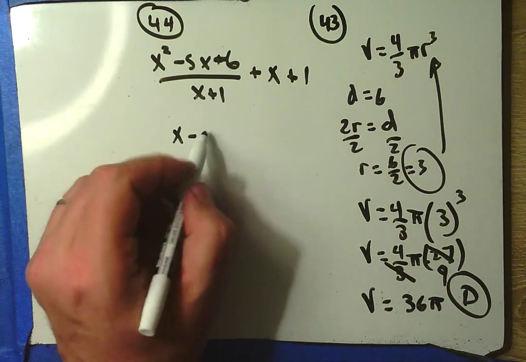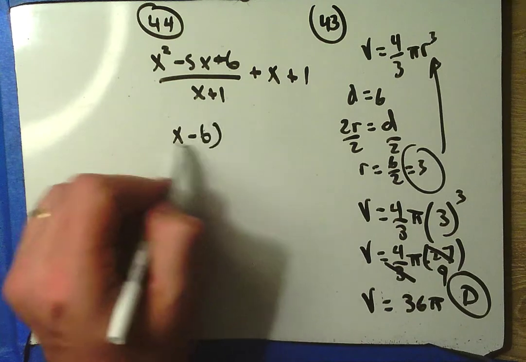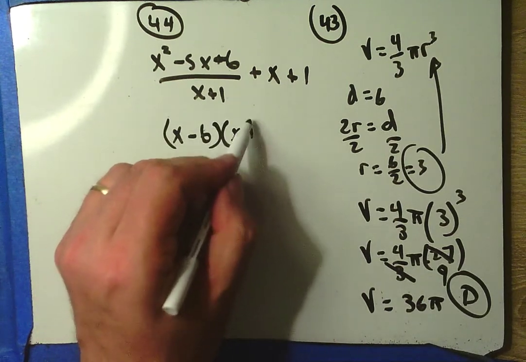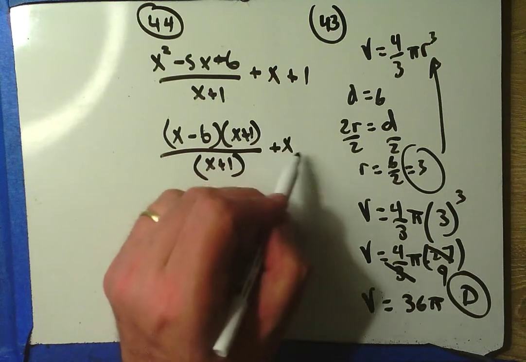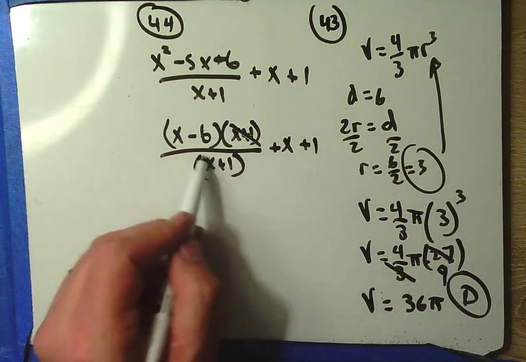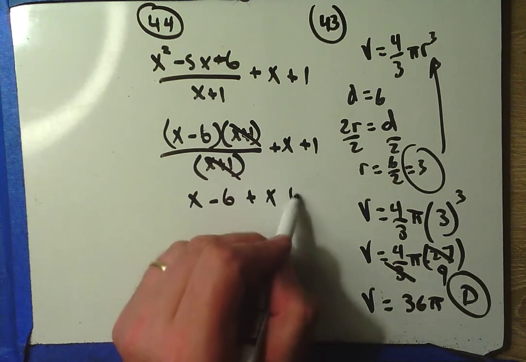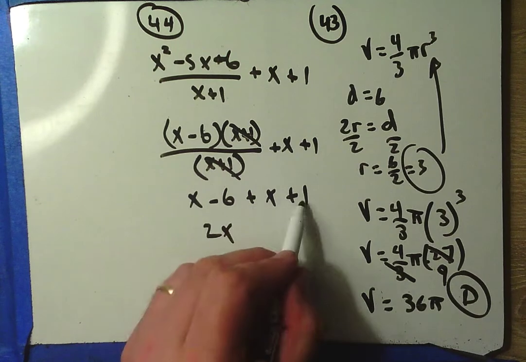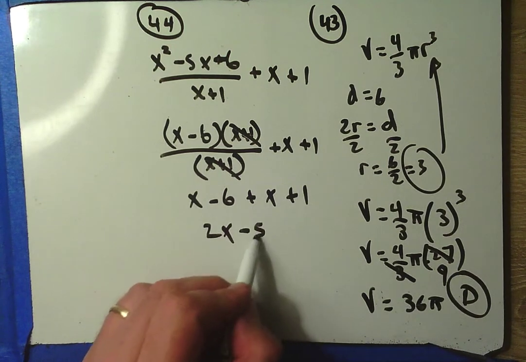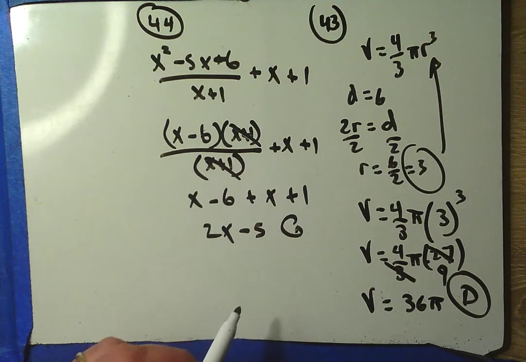And I've got x minus 6, x plus 1 over x plus 1 plus x plus 1. These will cancel, leaving me x minus 6 plus x plus 1. 1x plus 1x is 2x. Negative 6 plus 1 is minus 5. And that's why G is my answer there.